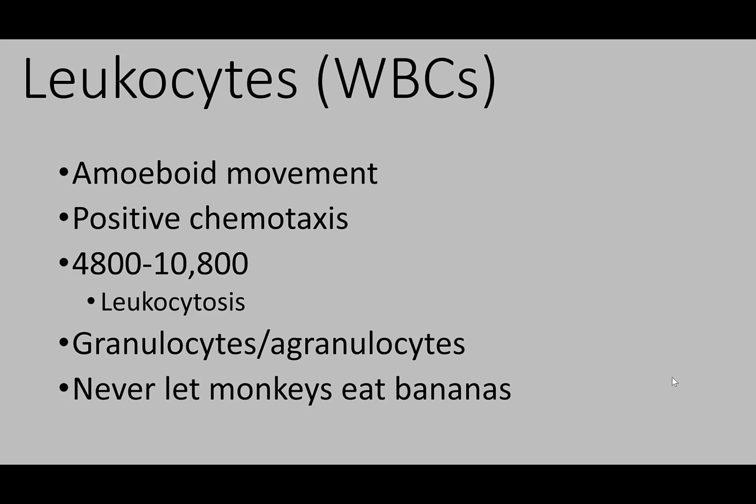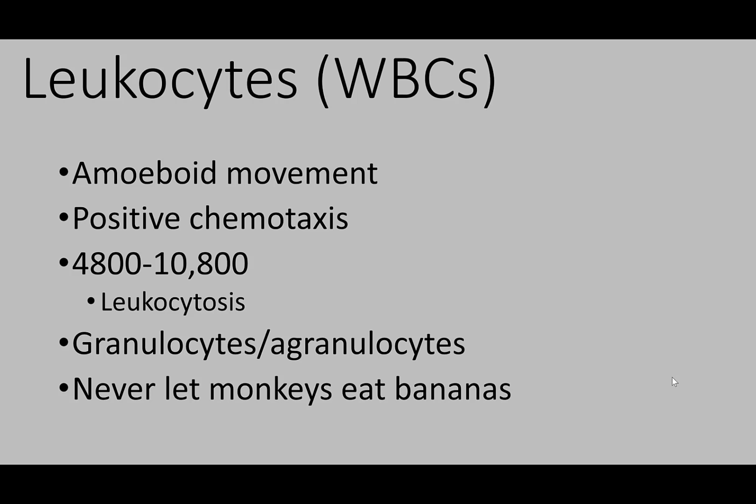Now, as long as you've already done the blood lab, we have learned about granulocytes and agranulocytes, but I want to recap it here just in case you're watching this before lab. When we look at leukocytes under a microscope, some of them are filled with these little, almost like polka dots.